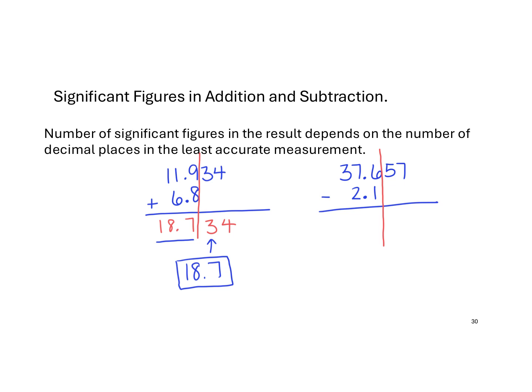I go through and I do this math and I see that it's going to be 35.557. That line helps me remember that these are the ones I need to keep, and I need to look at this for rounding. That's 5 or higher, so we're going to round it to 36.6.